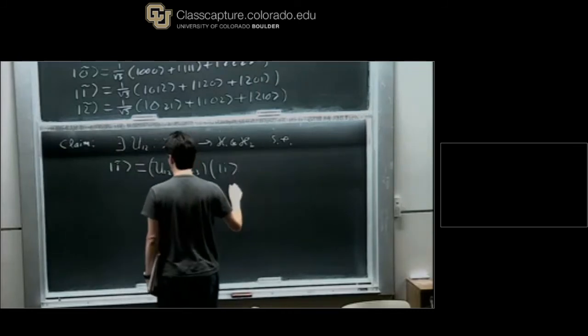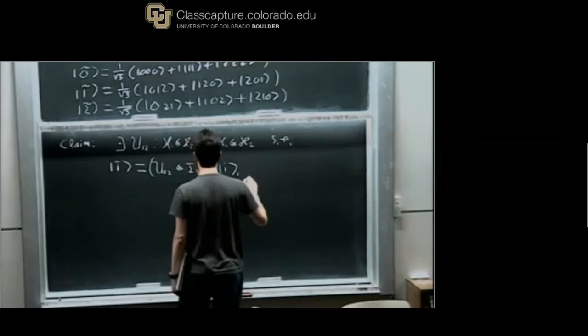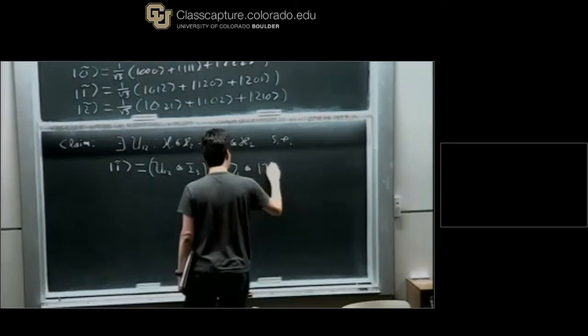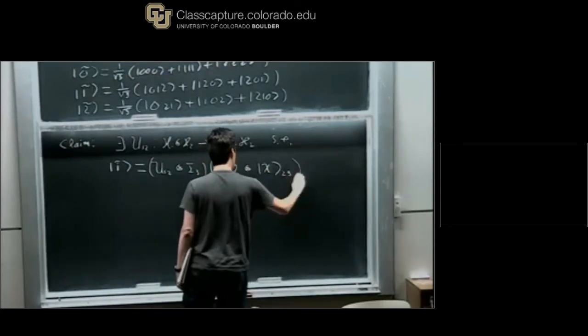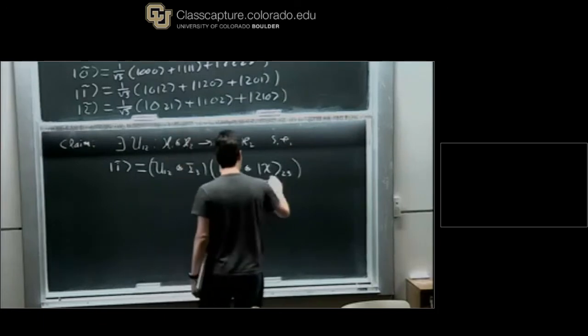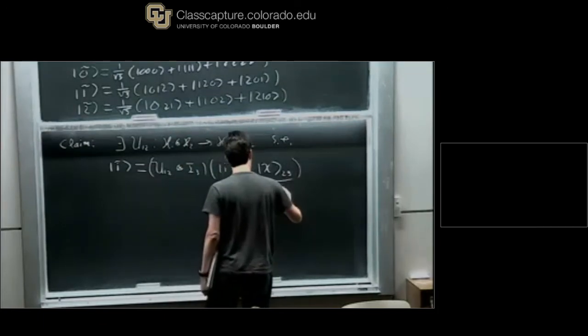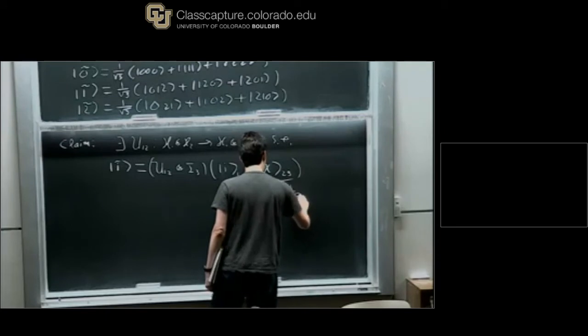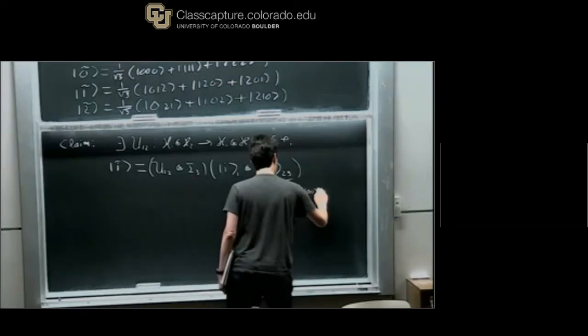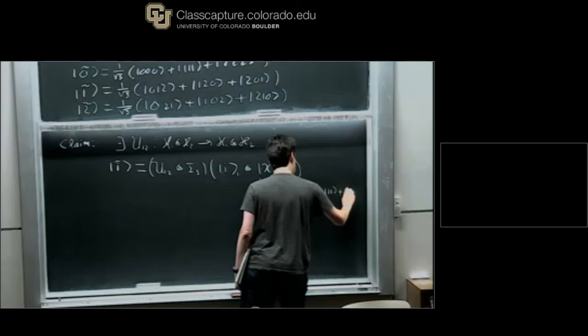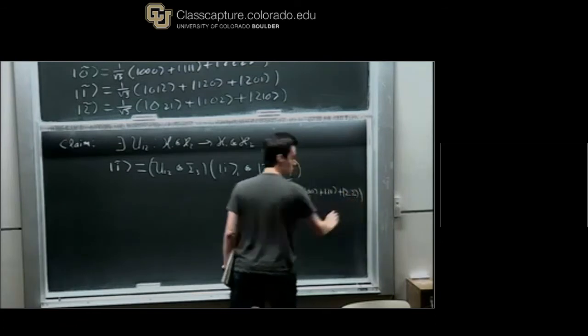It'll be I on the first qubit, tensor product chi on the second 2, where this chi is a maximally mixed state 0, 0 plus 1, 1 plus 2, 2.